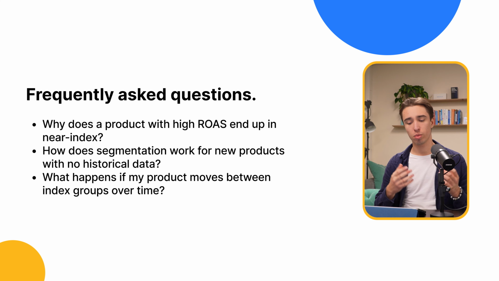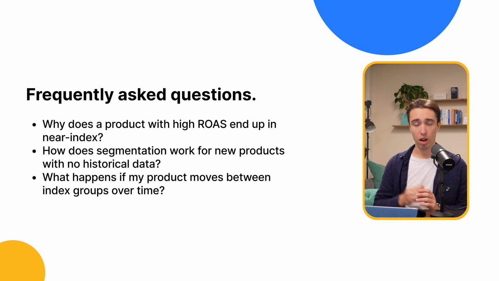Right, some frequently asked questions. I have 3 questions prepared that I often get asked. The first one is, why does a product with high ROAS end up in near index? Sometimes I get a question that a certain product has a high ROAS, but is not in the index or over index group.